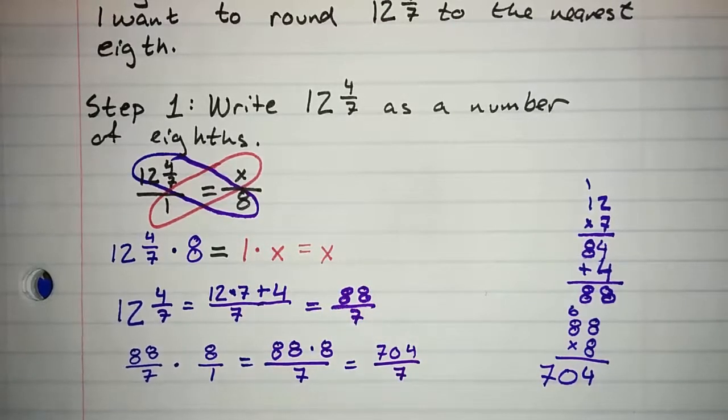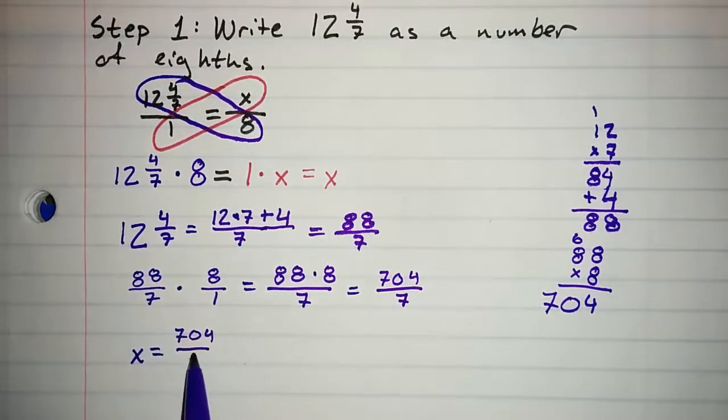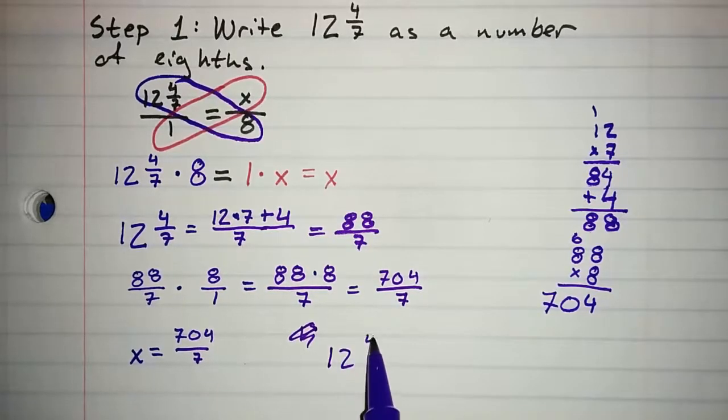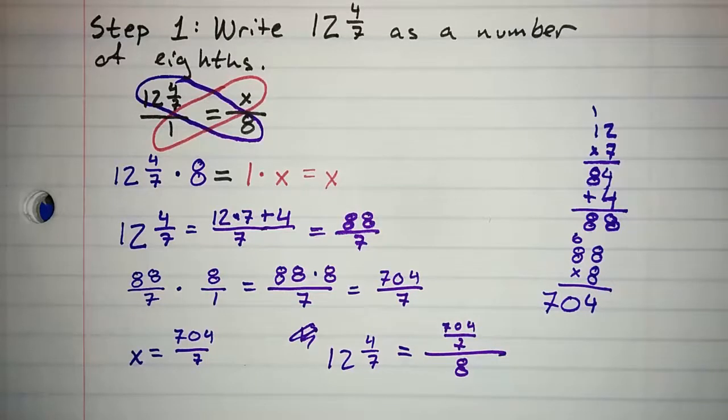My x is 704 sevenths. That is, my 12 4/7 is equal to 704 sevenths over 8. Okay, how does that help me round to the nearest eighth?